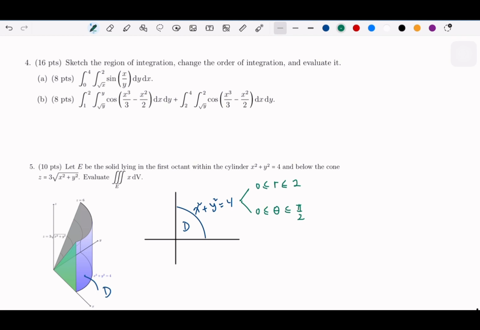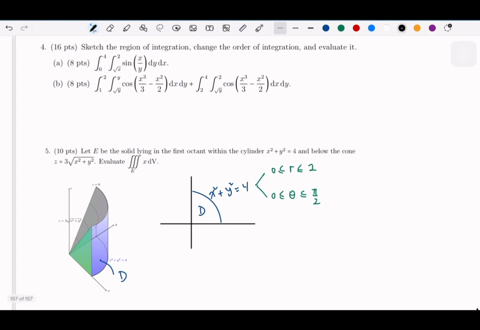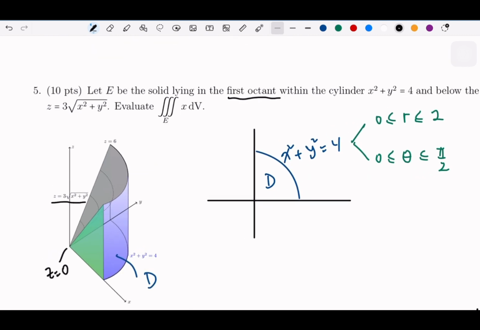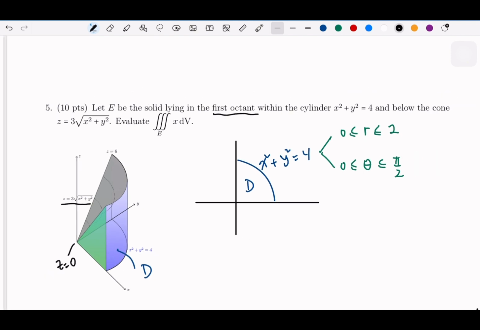Now our z starts from, because it doesn't give you anything except that it is going to be the first octant, meaning that all the coordinates will be positive. So let's assume that z will start from 0. So let's say z is from 0 to this plane, z equals 3 times the square root of x squared plus y squared.